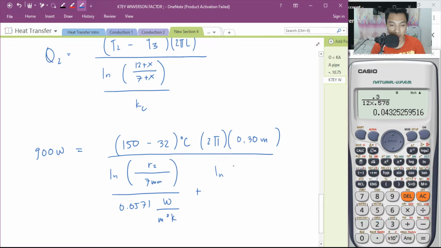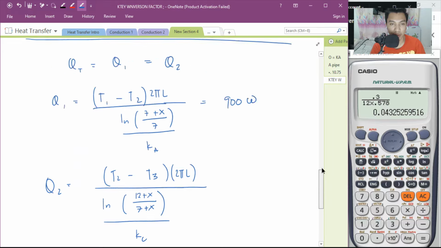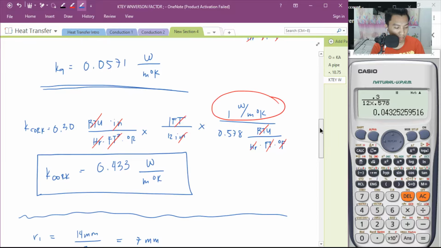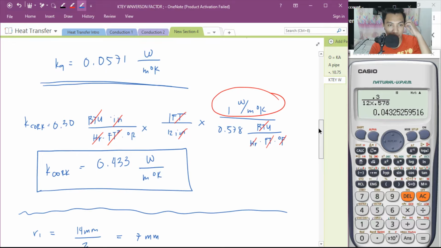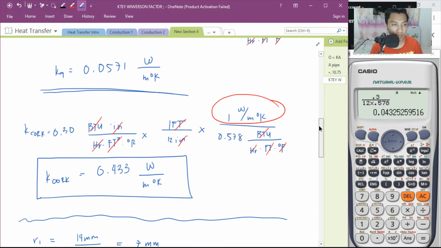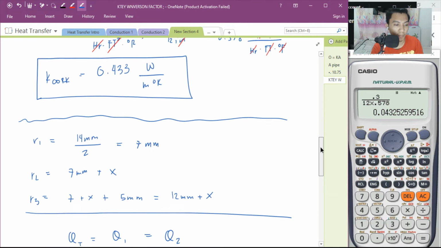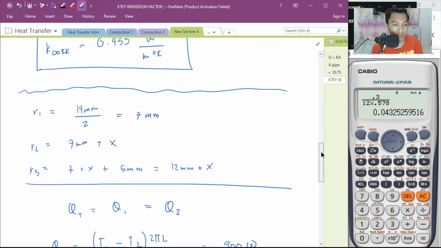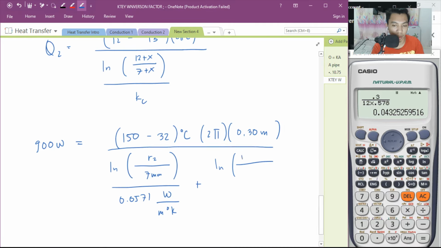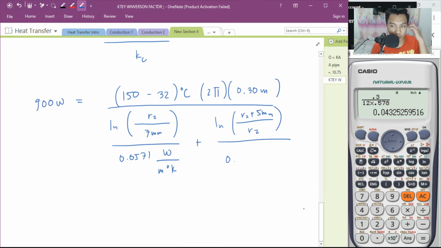Plus ln nung R3 over R2 plus 5 mm, tapos R2. Tapos 0.0433 watt per meter degree Kelvin.